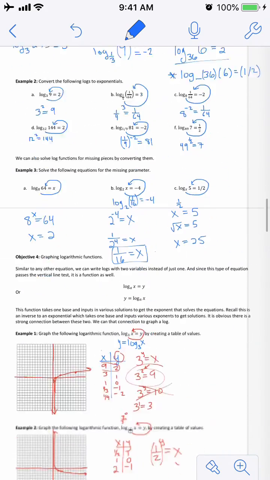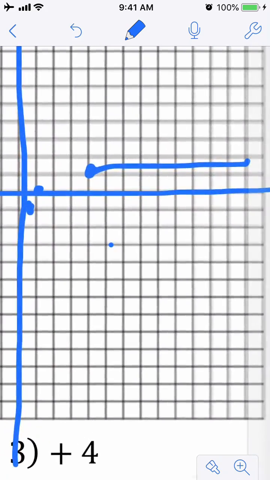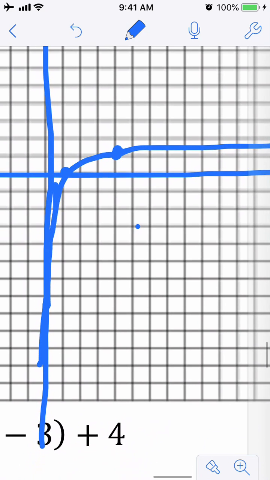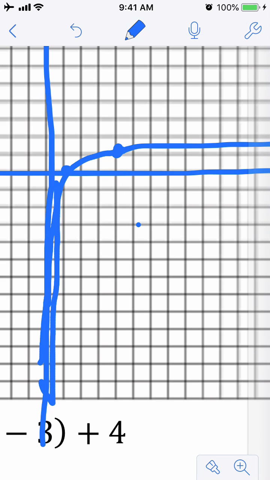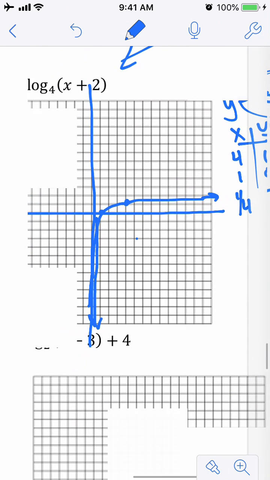Again, sorry about that. And skims the y-axis. The parent functions will always skim the y-axis, because they're parent functions. Nothing weird is happening to them, right? Okay, cool. That's the parent function.